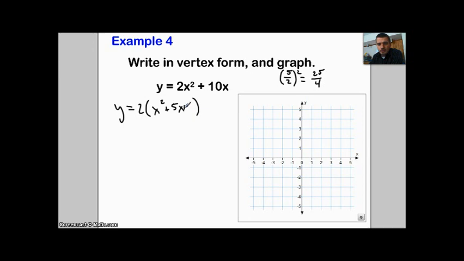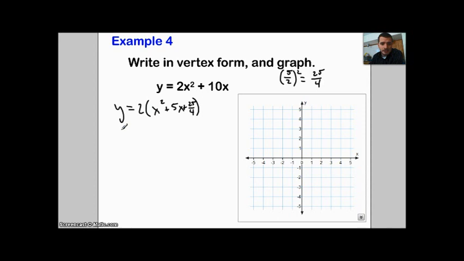So I'll add 25 over 4 to each side. Now again, when I'm adding 25 over 4, I'm actually adding 25 times 2. So 25 times 2 is 50 over 4. So that will be the same thing as 25 over 2. You're just going to have to trust me on that math.